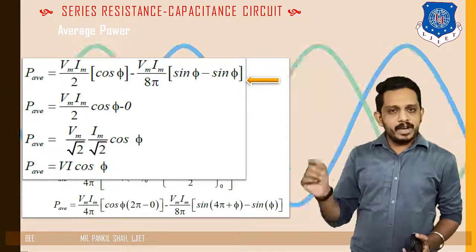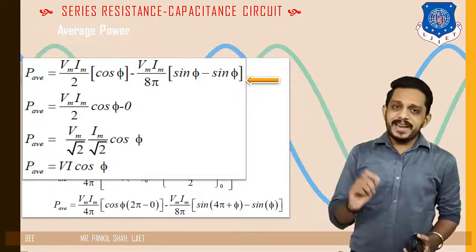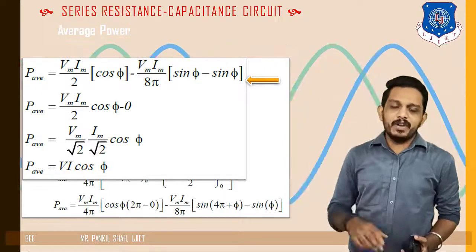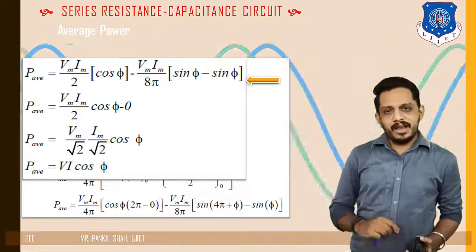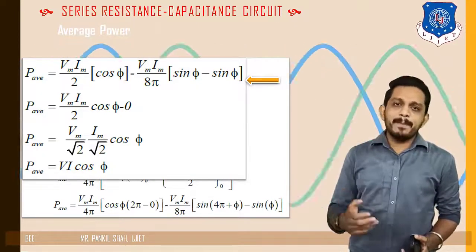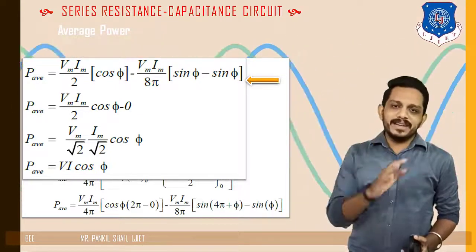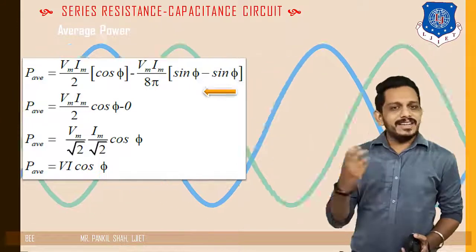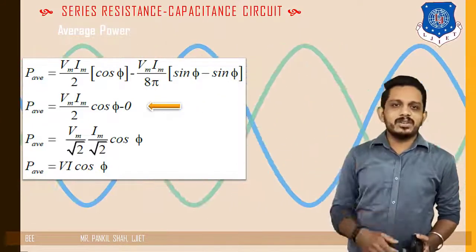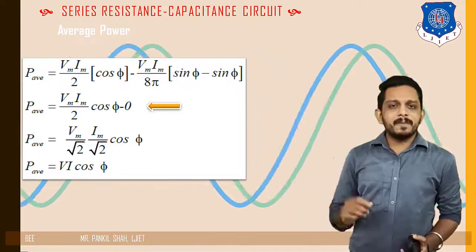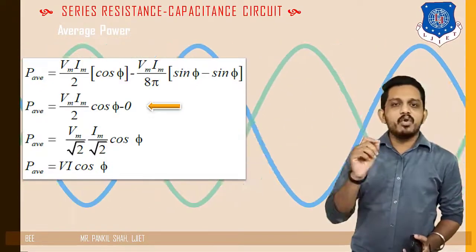So Vm Im by 2 into cos phi minus Vm Im by 8 pi, in bracket it will be sine 4 pi plus phi, and we know that sine 4 pi plus phi is nothing but sine phi, and in the next bracket it will be minus sine phi. So sine phi and sine phi will be cancelled out, so that term will be 0. So we have only the average power as Vm Im by 2 into cos phi.